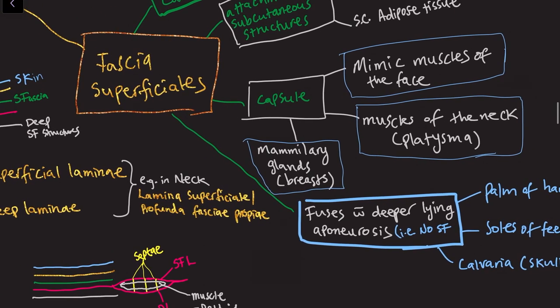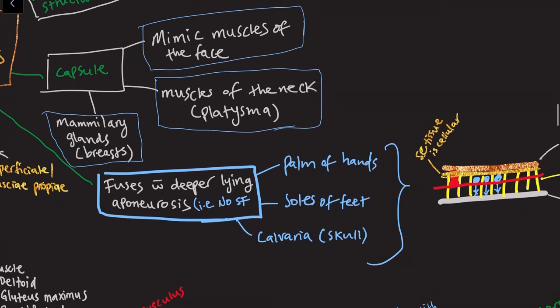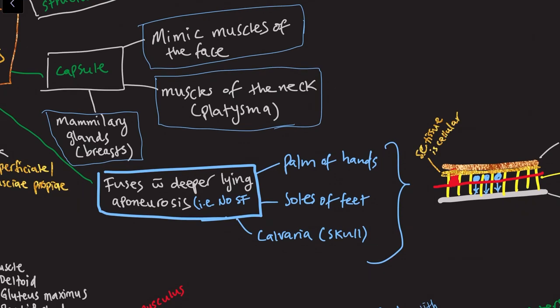Okay, what else? The fascia superficialis fuses with the deeper lying aponeurosis. Meaning, in certain places, in certain regions of the body, fascia superficialis fuses with deeper lying aponeurosis, and therefore, in those places, you will not find superficial fascia.